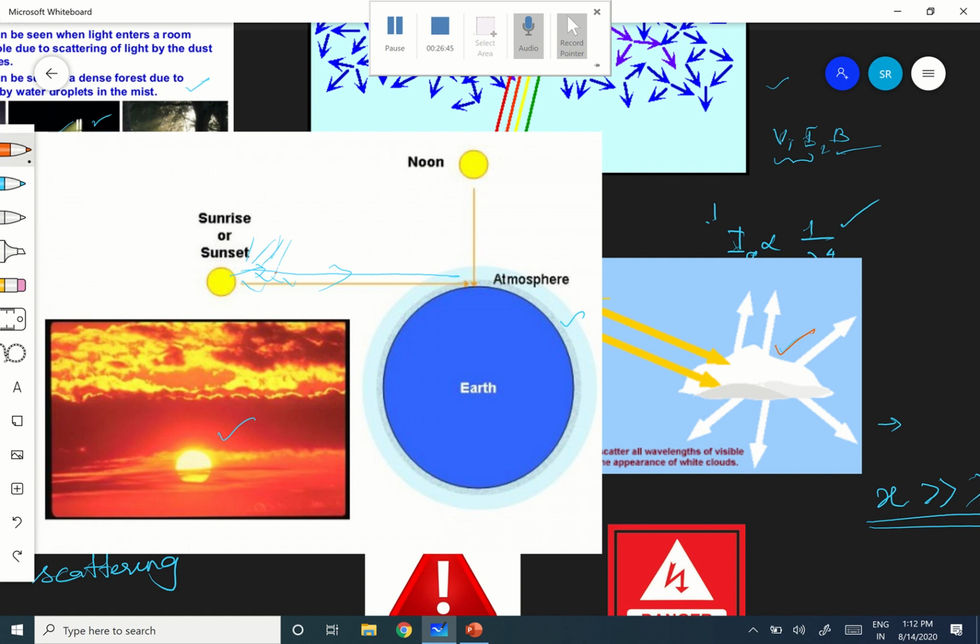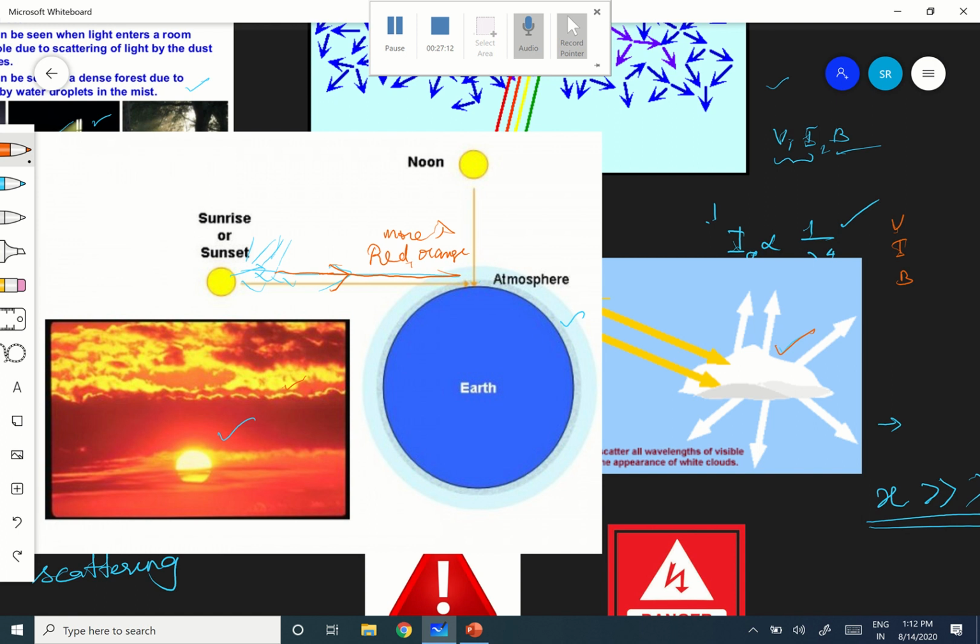Which color is reaching here? Only red, yes, orange, orangish. These colors have more wavelength, more lambda, so all the blue, violet and the rest will be scattered. Even some part of yellow is scattered also.